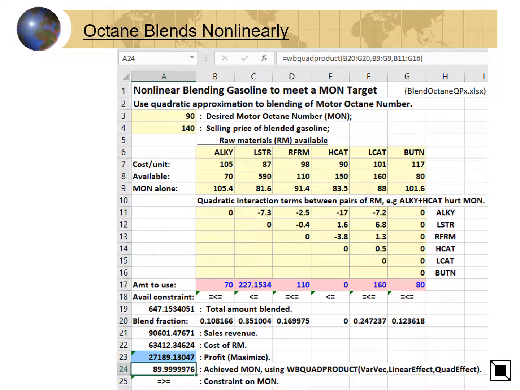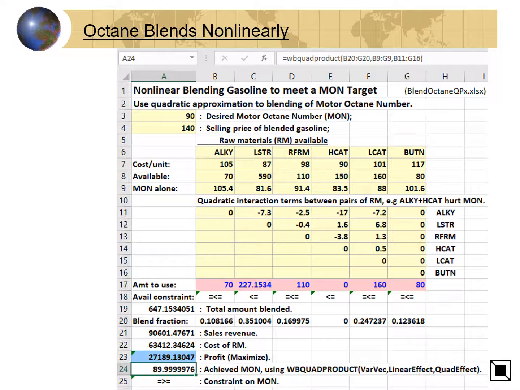Down in row 24, the leftmost cell, we compute the achieved motor octane rating, and all we have to do is write this quad product that takes into account 3 terms: the variable vector, which is really row 17, how much we blend of each item, the linear term, which is the MON alone, the linear effect, and then the quad effect, which is this interaction matrix here.